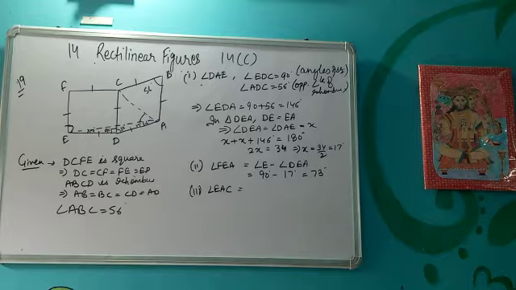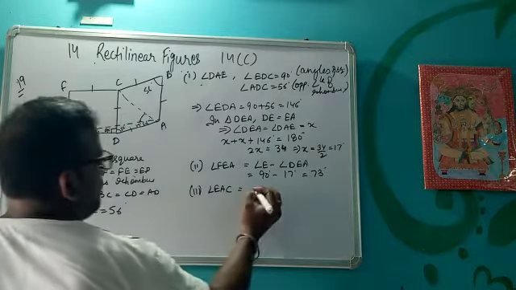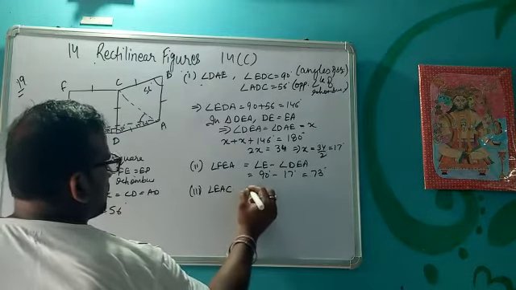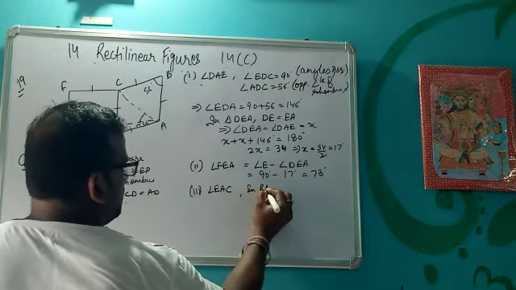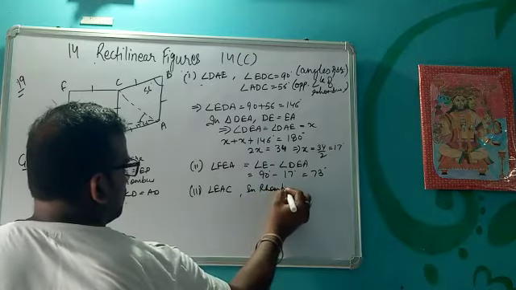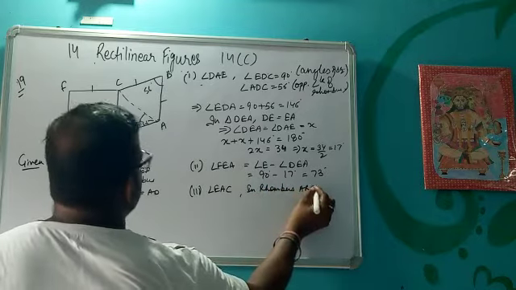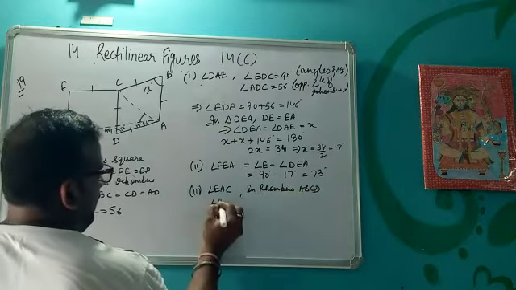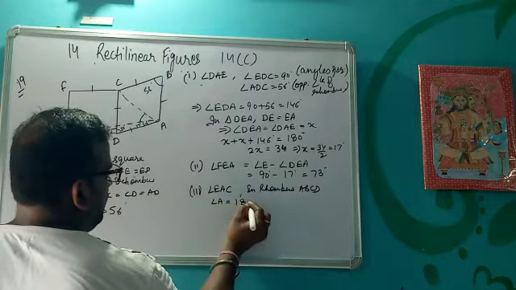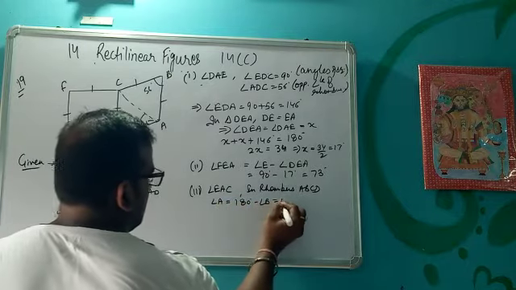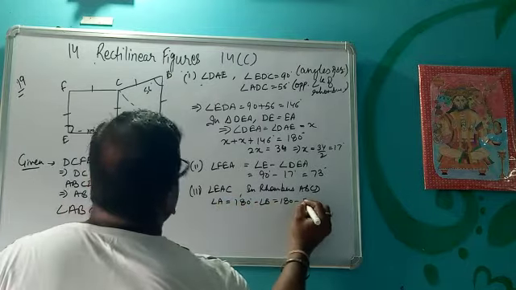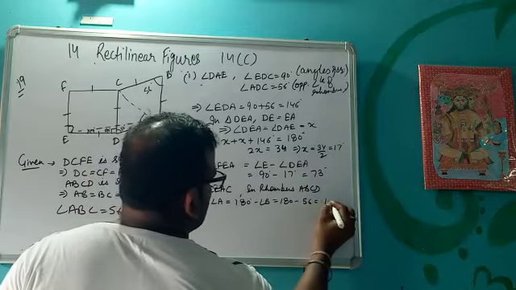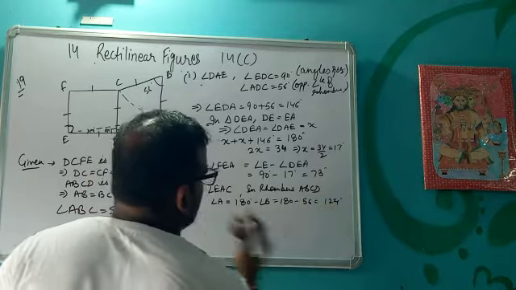How to find this whole angle? We know that in rhombus ABCD, angle A equals 180 minus angle B, 56, that is 124 degrees.